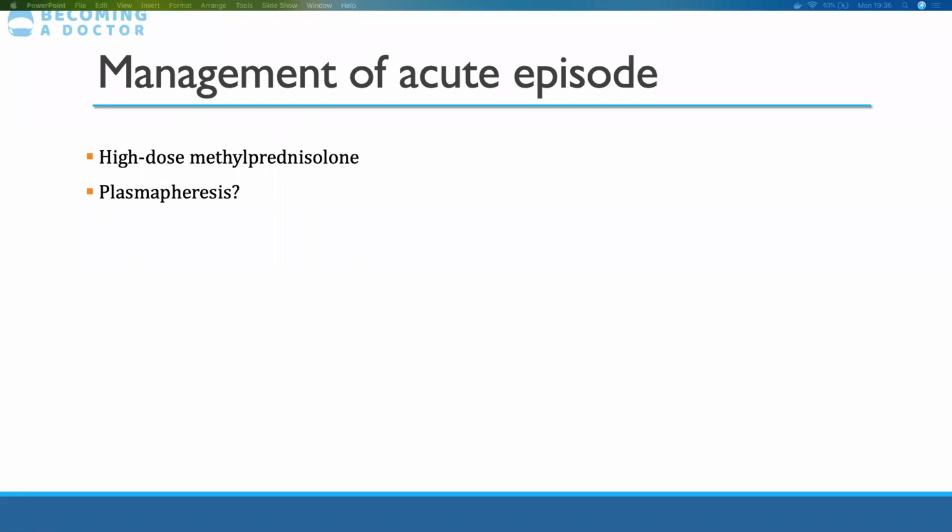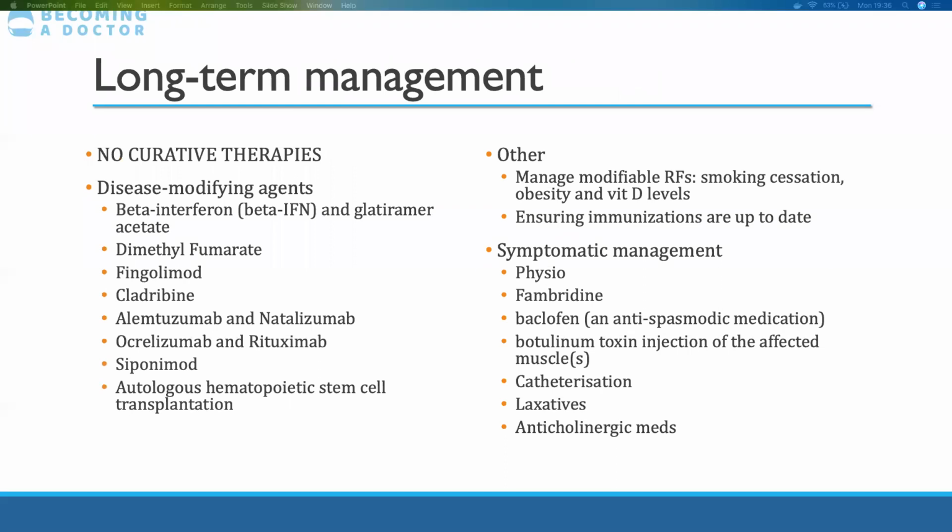Plasmapheresis is basically when they remove and exchange the blood and then put the new, treated blood back into the body. Flares of MS, like I mentioned, can be caused by an infection. So the main thing that you have to do is rule out the infection first. And then at that point, you would consider the methylprednisolone and the plasmapheresis. So that was acute management.